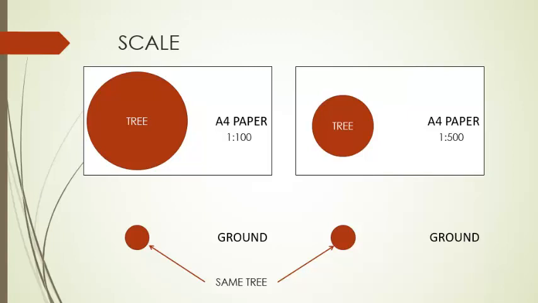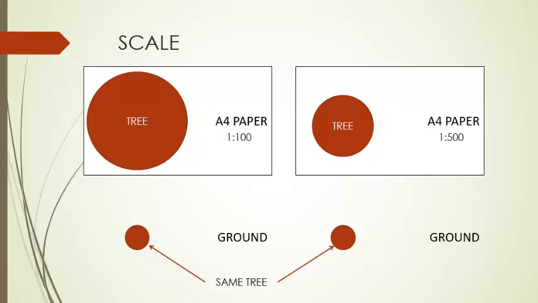Let's change it a bit. 1:10 scale. 1 centimeter on A4 paper represents 10 centimeters on the ground. This means the feature on the ground is now bigger than the drawing. Okay, let's go further with 1:100.